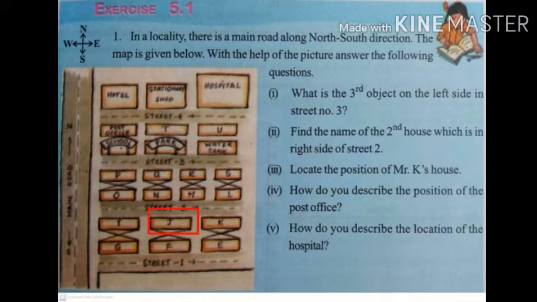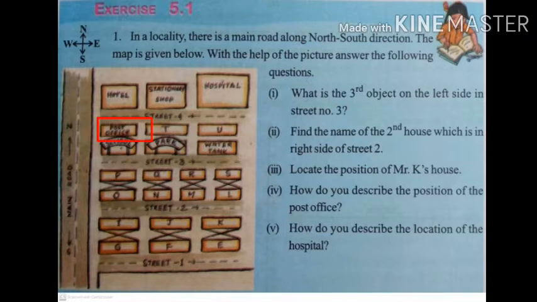Second question: find the name of the second house on the right side of street 2. Answer: Mr. J's house. Third question: locate the position of Mr. K's house. Answer: in street 2, the last house on the right side while going in the east direction. Fourth question: how do you describe the position of the post office?